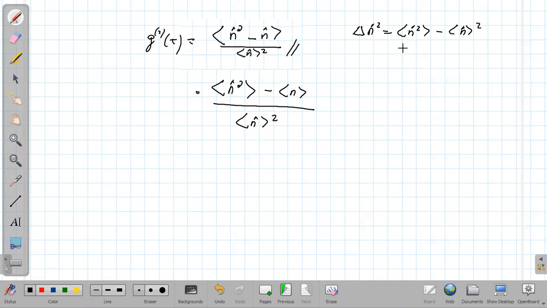So this average n square can be written as delta n square plus average n square.